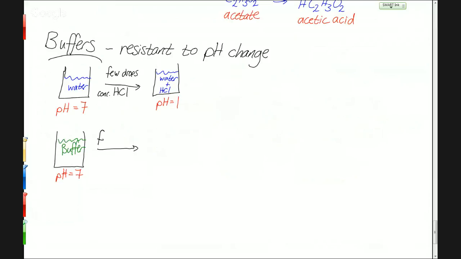If we add a few drops of concentrated HCl to that pH 7 buffer, we're going to have pretty much the same pH.